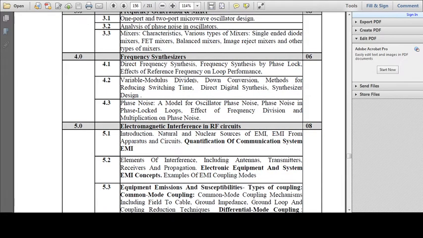Then we go to module 4. In this module 4 we introduce the frequency synthesizer. There are various types of frequency synthesizer.